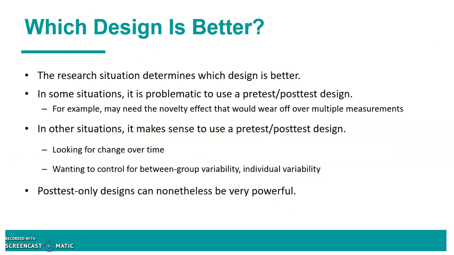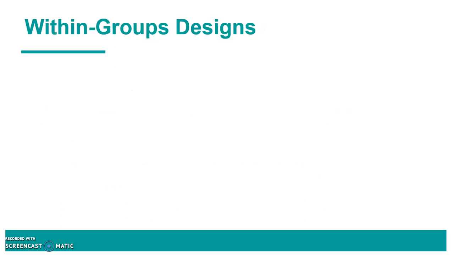You can still answer plenty of questions with post-test only designs. They can still establish causation. But you might just have to make sure that the groups are equivalent or matching or other things like that.